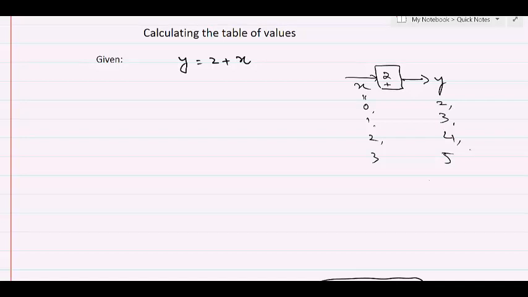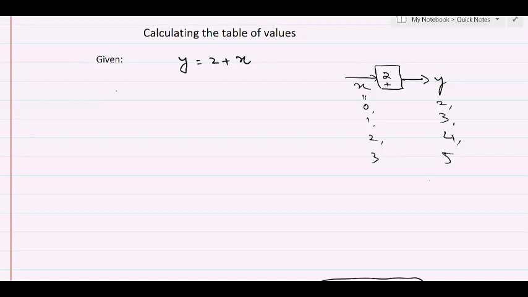But the way we calculate it is that we assume a few values of x around 0. Around 0 means on the positive side of 0 we can take 0, 1, 2, 3, 4, or we can take negative values, minus 1, minus 2, minus 3, or we can take values with whatever interval we want.